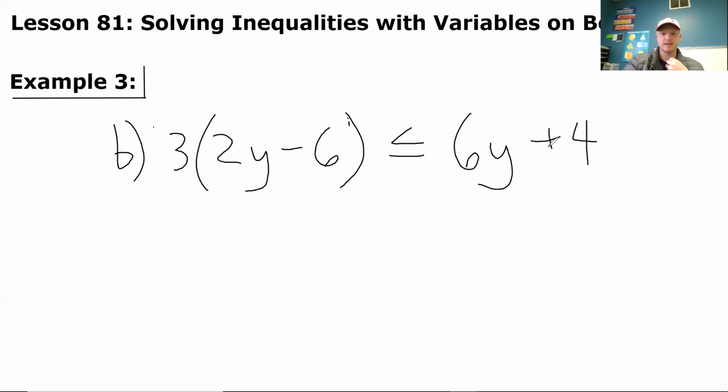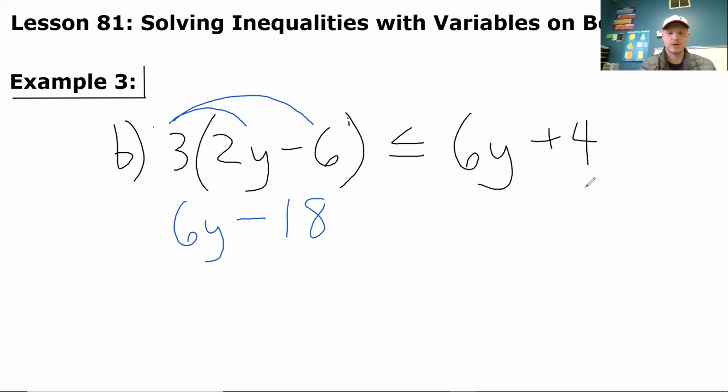For this process, we are going to do the exact same steps as the last example. So we're going to take 3 times 2y, which is going to be 6y, and then 3 times negative 6, which is going to be negative 18, which is less than or equal to 6y plus 4.